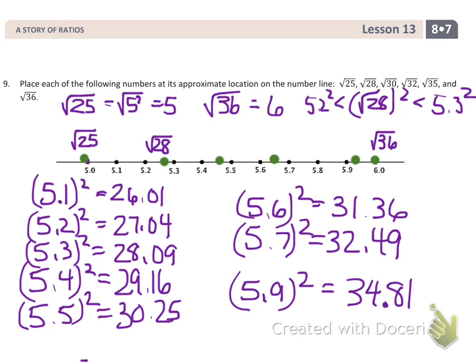Okay, so there are our 5 numbers. You could check the accuracy of this with a calculator, just to make sure that we have them placed correctly. I didn't label these though. These are the square root of 30, square root of 32, and square root of 35.